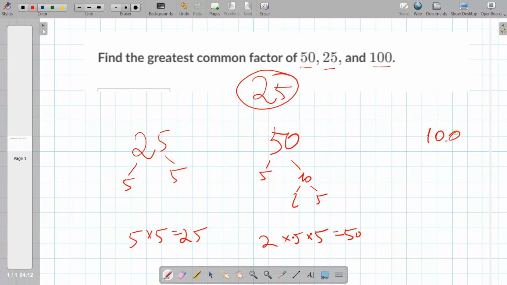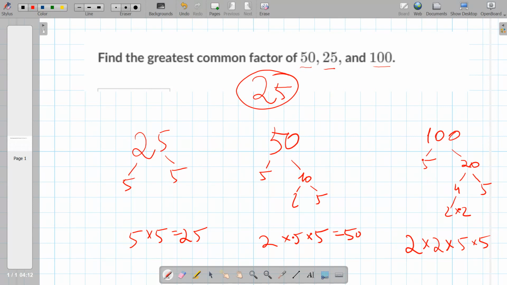And 100 is 5 and 20. This is 4 and 5, and 4 is 2 and 2. So we have 2 times 2 times 5 times 5.